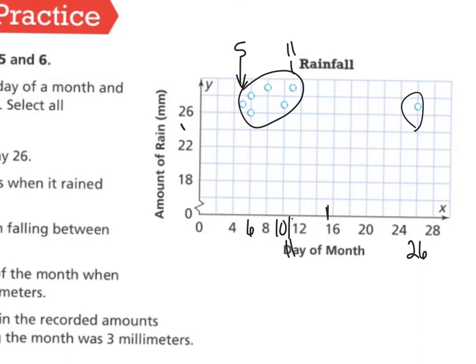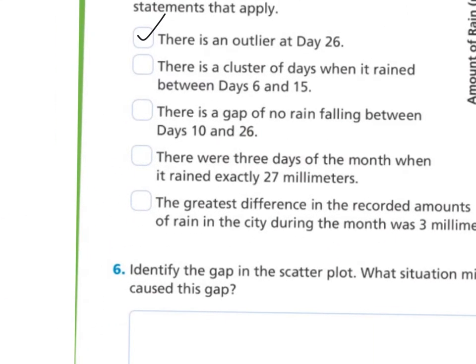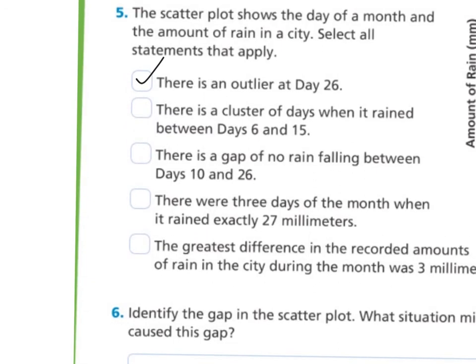So they're going by 2s. That'd be 24, 26, 28. So 27 is going to be halfway between 26 and 28. So I see a dot here, a dot here, and a dot here. So that is 3 times that it rained exactly 27 millimeters. So we can check that one as well.